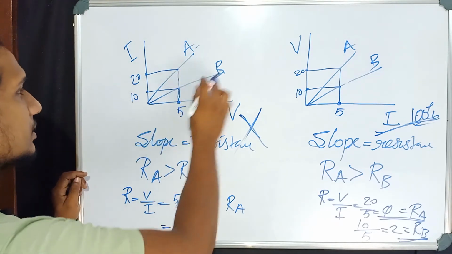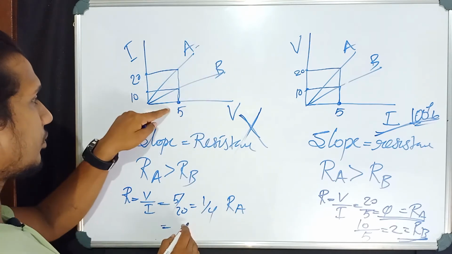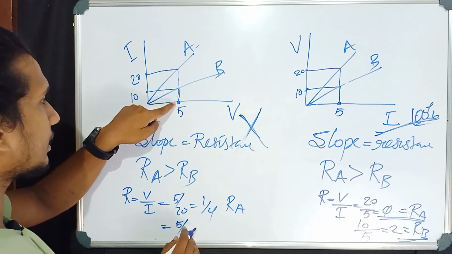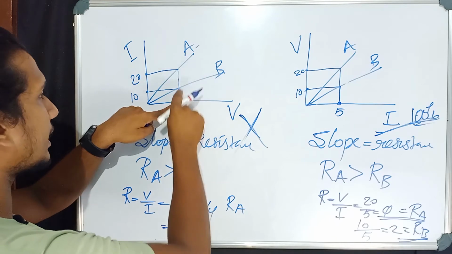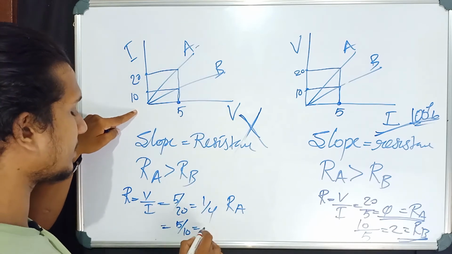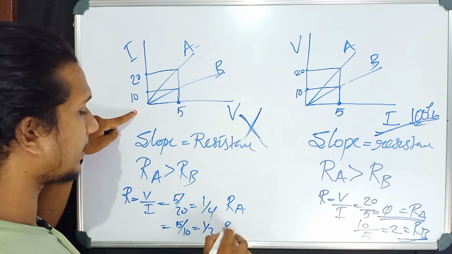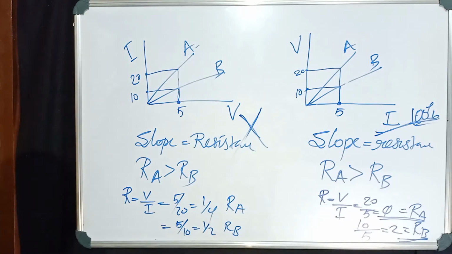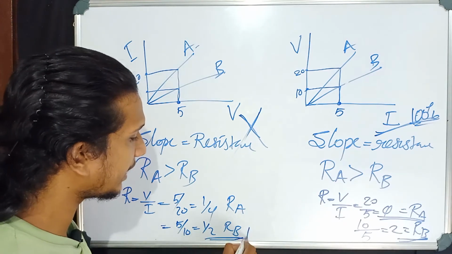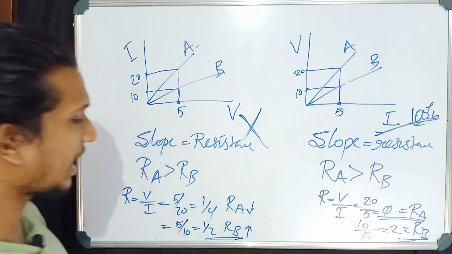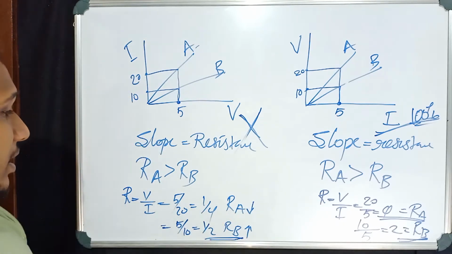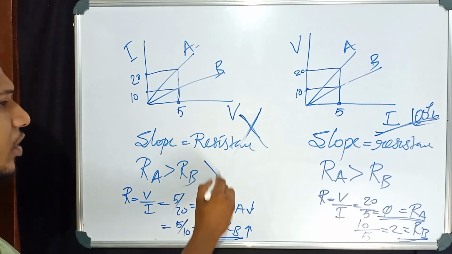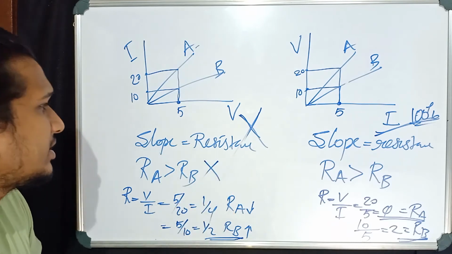What is the voltage here? 5. Then what is the corresponding current for this graph? That is 10. So 5 by 10, that is equal to 1 by 2, and this is the resistance for B. So see here, in this case RB is greater than RA. This data is wrong. Why is this happening?